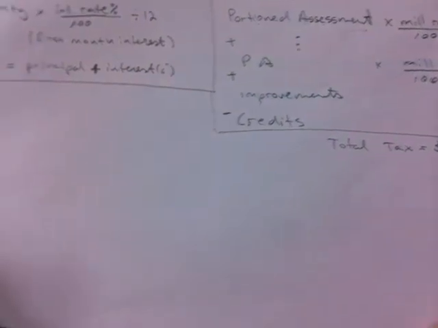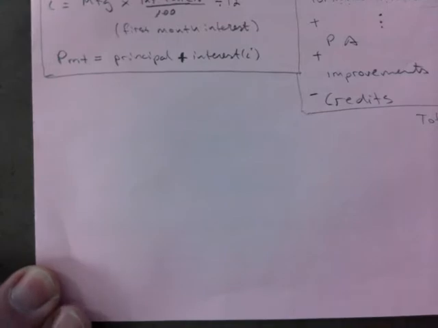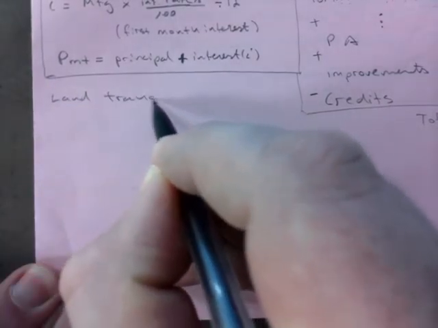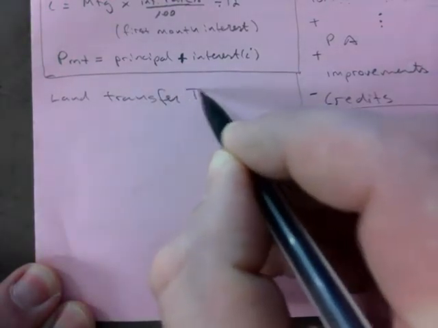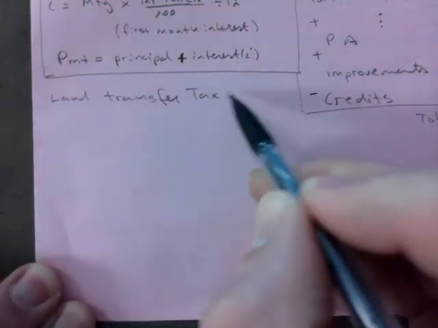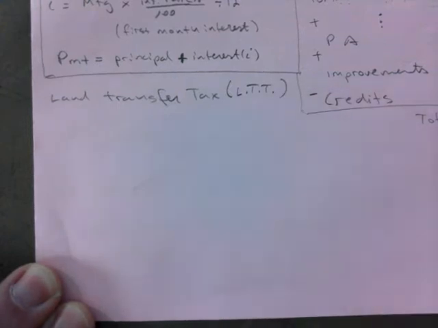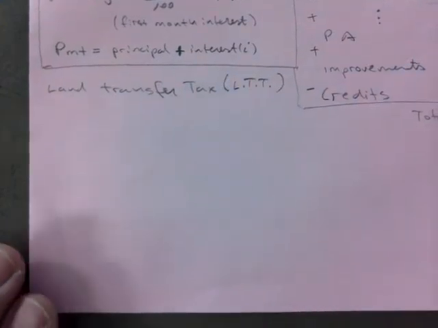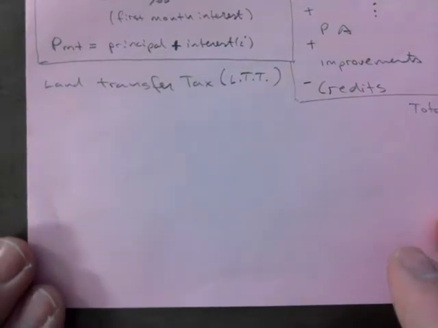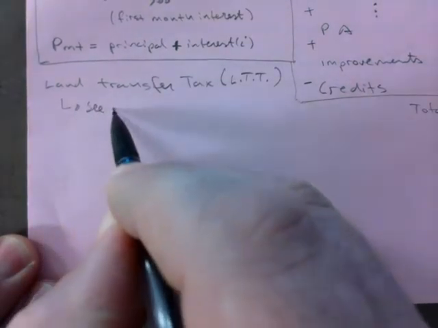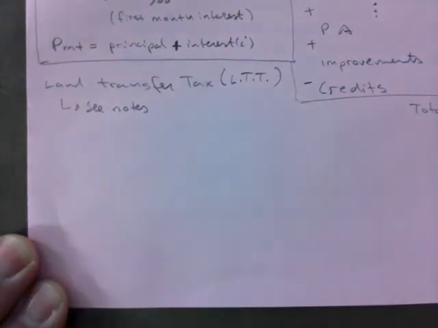Land transfer tax. Right? I call that LTT. You need to be able to do those, right? Instead of going through an example here, I'm just gonna ask you to go see your notes. But the chart will be provided.